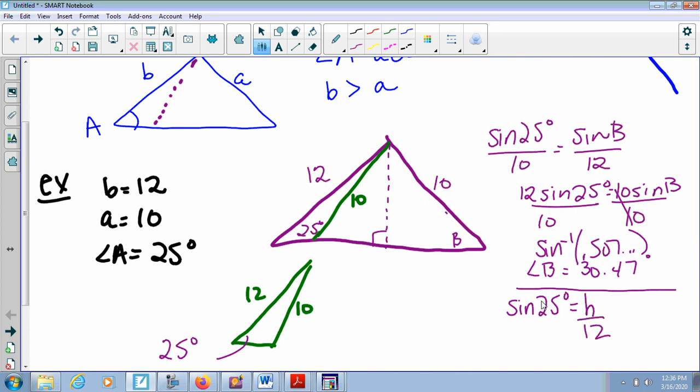If you multiply by 12, we will see that 12 sine of 25 is 5.07. So this height is 5.07, so obviously 10 is longer than that, so it's going to hit it 2 times. It's going to swing back and forth.